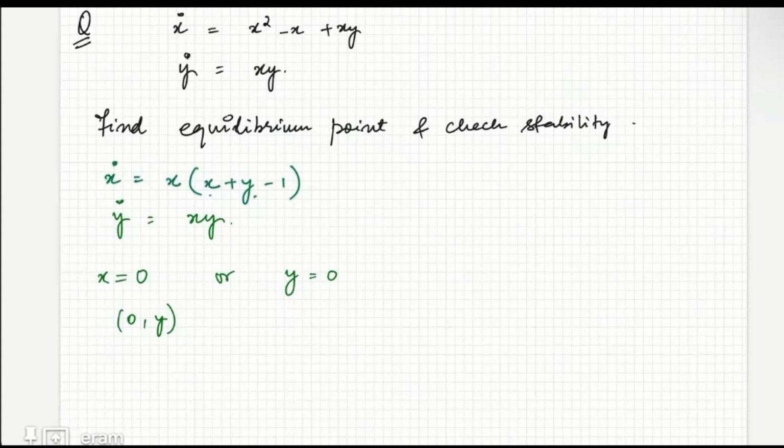So we have an isolated equilibrium point given as (1, 0) and a whole continuum of equilibria given as (0, y). Since we are interested in a particular equilibrium point, we will consider stability about (1, 0). So we will analyze stability about the equilibrium point (1, 0) for this system.